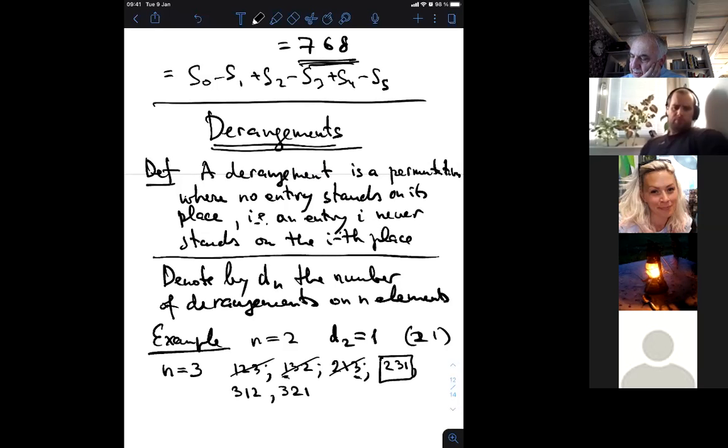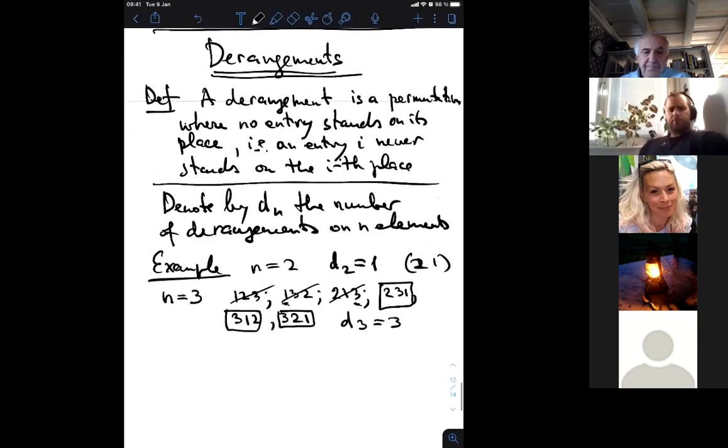So 1 is not in the first place, 2 is not in the second place, 3 is not in the third place. This guy is also good. So nobody is in its place, and this one is also good. So D3 equals 3.